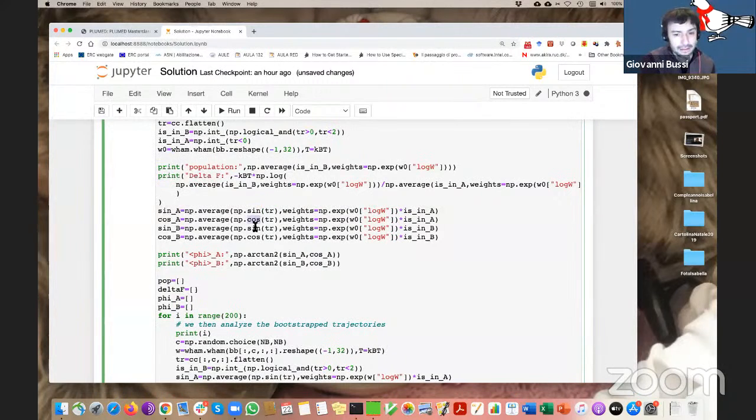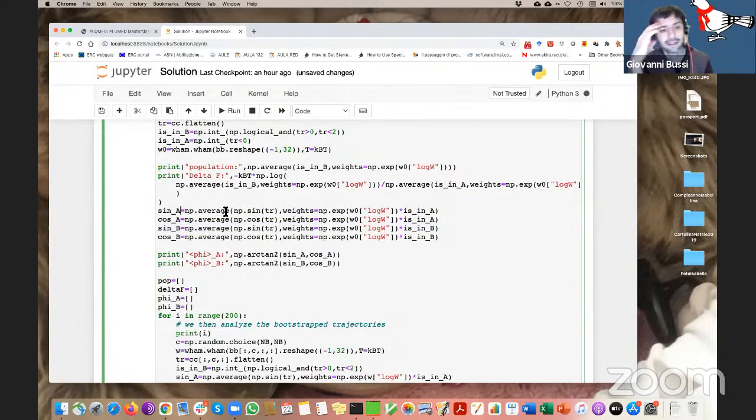That's the same as before: the average weighted with these weights that are the exponential of the logarithm of the weight, multiplied by these conditions, so that we know that the average is conditioned to the fact that we are in basin A for this or in basin B for this.